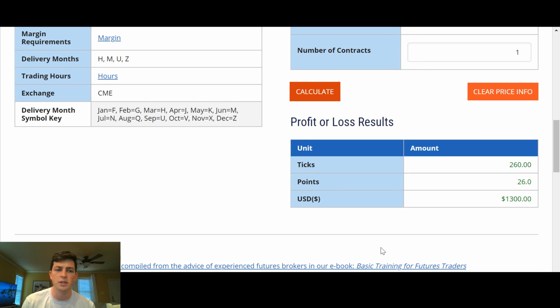Crude and the S&P are super high volume contracts, so a lot of people find value in those. I do watch them and keep an eye on them, but again, I'm trading the NASDAQ because if I can get $2,500 off one contract as opposed to $1,300 off of one contract for the day, I'll do that any day, anytime, right? So I hope this video was helpful for you.